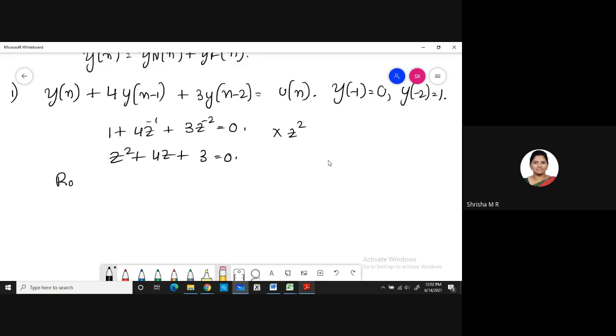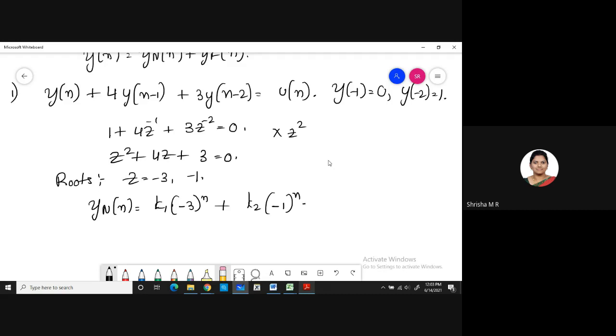Now find the roots of the characteristic equation. What are the roots? Minus 3 and minus 1. So z is equal to minus 3 and minus 1. Your natural response yn of n will be k1 into minus 3 to the power of n plus k2 into minus 1 to the power of n.